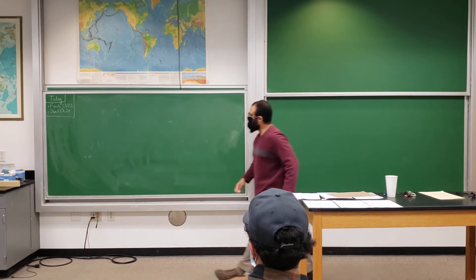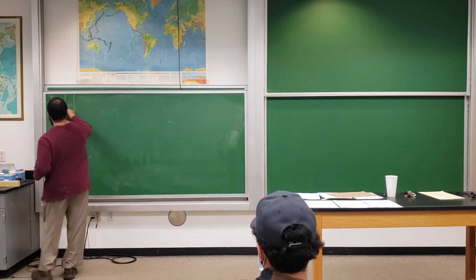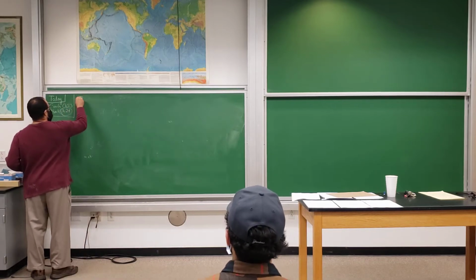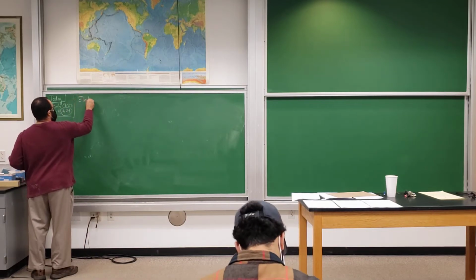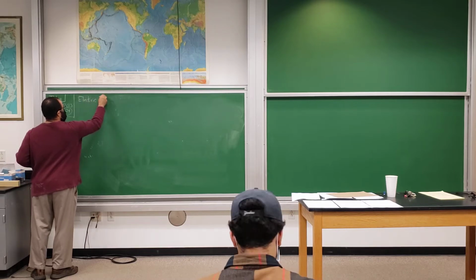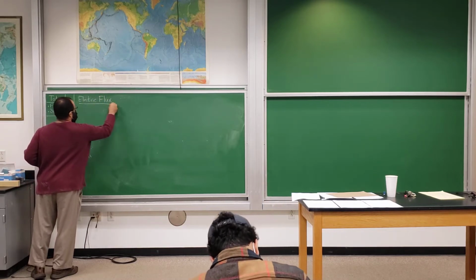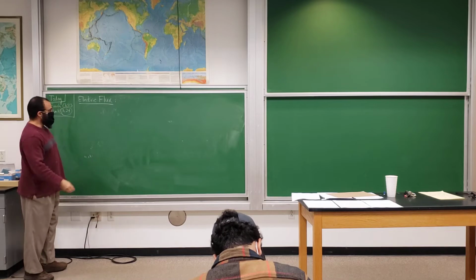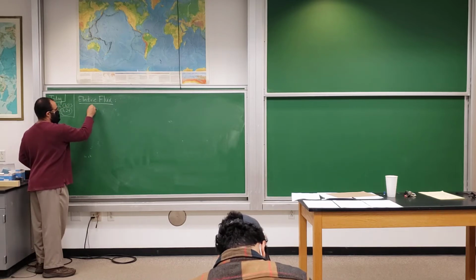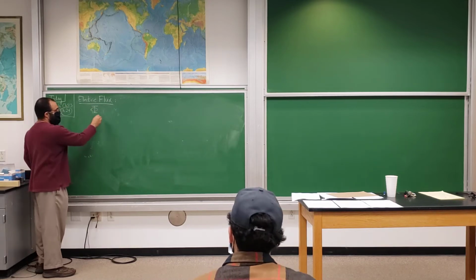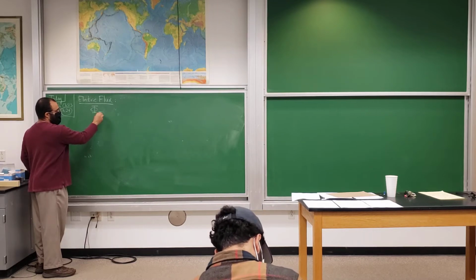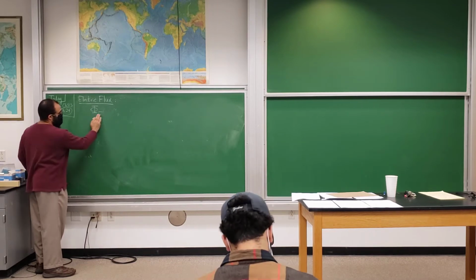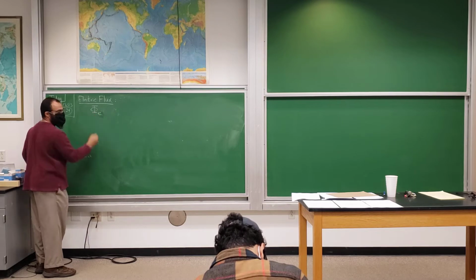So, electric flux. We're in chapter 24 now. It has the symbol capital Phi, and I think the book uses a lowercase e subscript, so I'll use lowercase e.